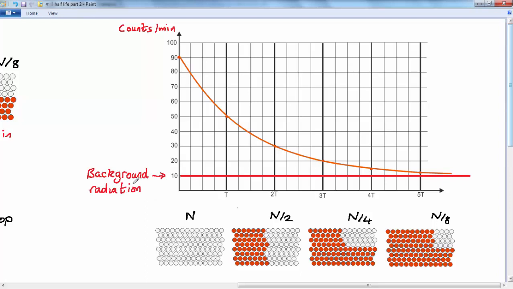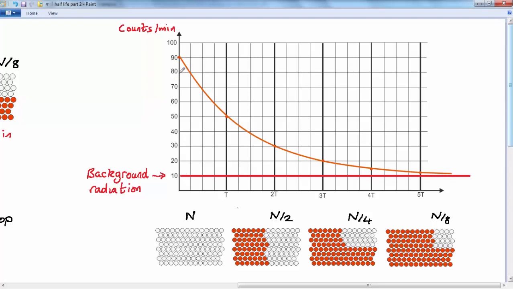And so this background radiation problem is always encountered in questions or exam questions on measuring radioactive decay. So the first thing we need to do before we try to measure the half-life of our sample is we need to take into account this background radiation level here. So what we've got to do is reduce all of our measurements by the value of the background radiation, which in this case is 10 counts per minute.